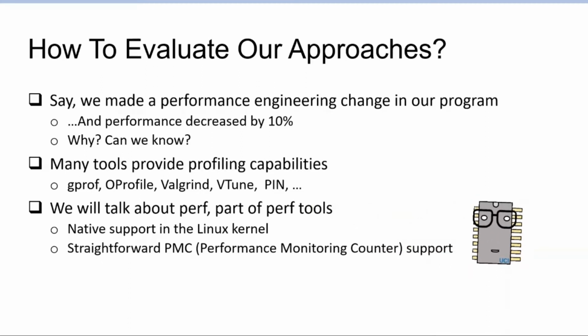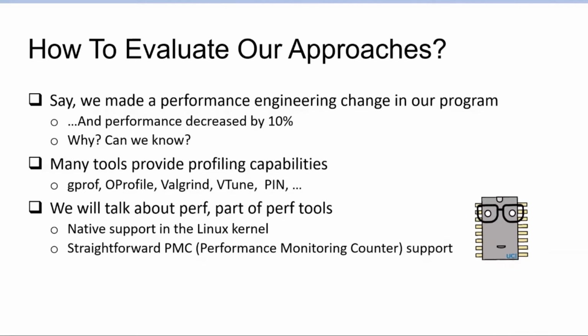But today, since we're going to look at one of the simpler options, we're going to talk about Perf, which is part of the Linux Perftools. The reason we'll be talking about Perf is that it's a canonical part of the Linux distributions. It has native support in the Linux kernel. There are syscalls and a lot of support infrastructure in the Linux kernel itself, which were put in to support Perftools in particular.